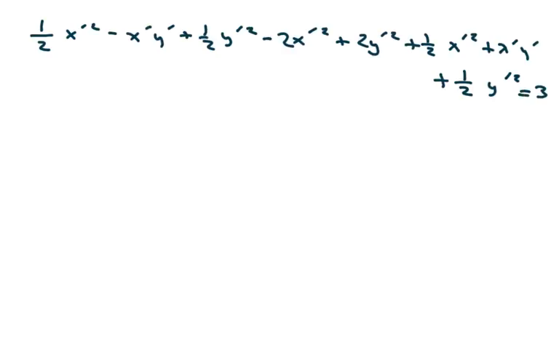Now we're going to be left with negative x prime squared plus 3y prime squared equals 3.